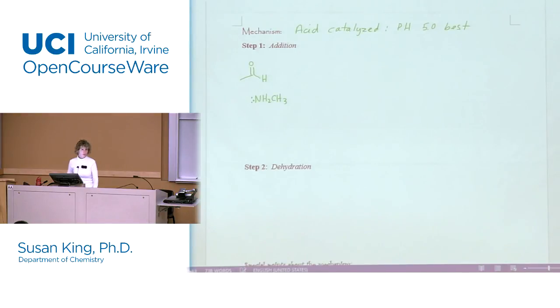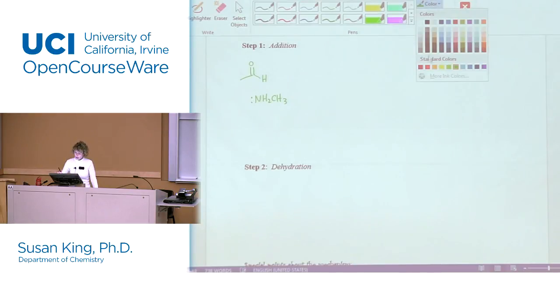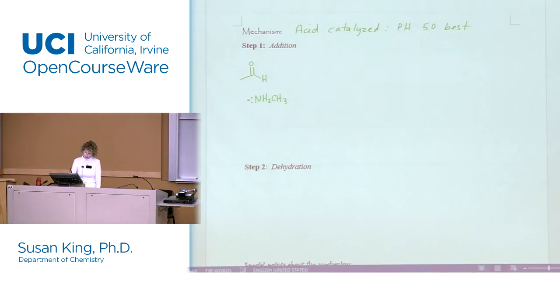Now, is nitrogen a good nucleophile? Yeah, it is, actually. So since it's a good nucleophile, it's going to attack directly. We are not going to protonate first, even though we have a slight amount of acid in here. We have mildly acidic conditions. We're not going to protonate first because the nitrogen is a really good nucleophile. Only a small amount of the amine is protonated, and we're not going to protonate the oxygen first.